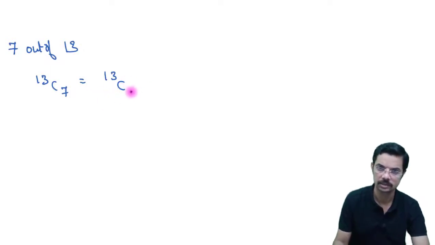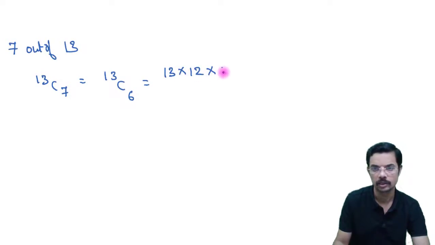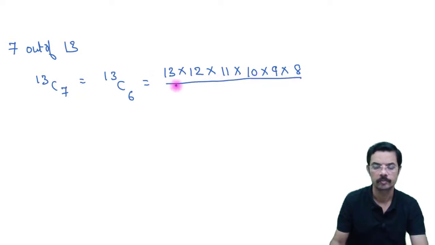So it is 13C6, which is equal to 13 into 12 into 11 into 10 into 9 into 8 divided by 5, 4, 3, 2 and 1.